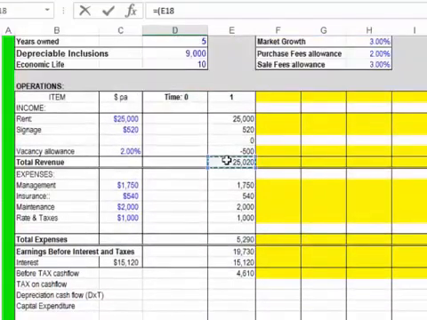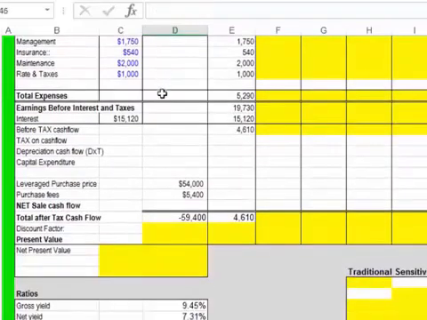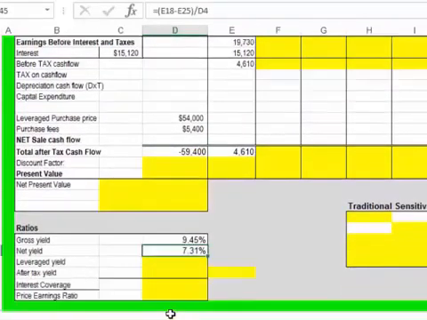So here we're going to take the total revenues, including all of the revenues and the vacancy allowance, and from that we're going to subtract all of the expenses, and then we're going to divide that net operating income by the value of the property, and that gives us 7.31%.